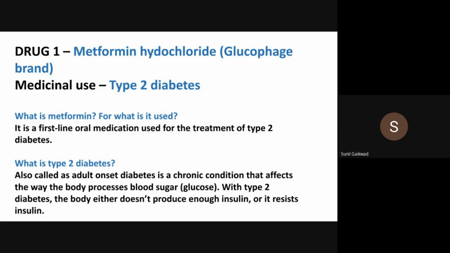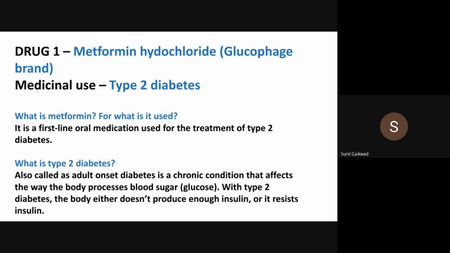What happens in a diabetic patient is that either they don't produce enough insulin or their cells are resistant to insulin. So they don't respond to insulin, the glucose is left in the blood, and that blood is taken to your kidneys for purification.